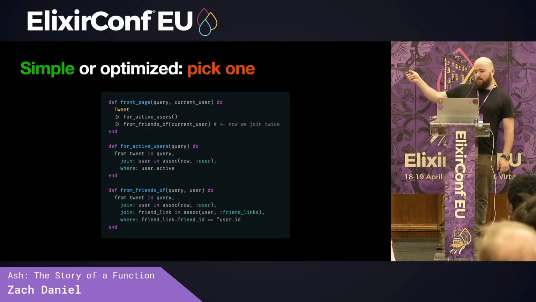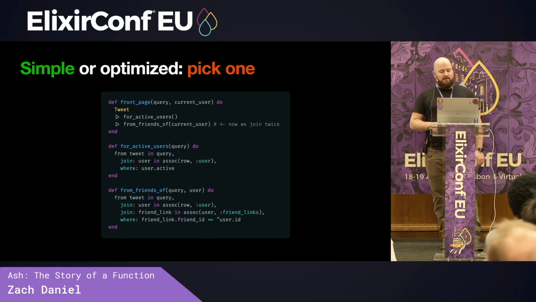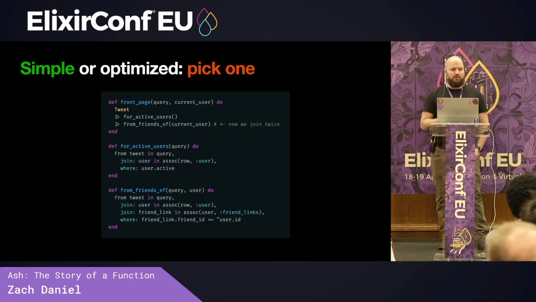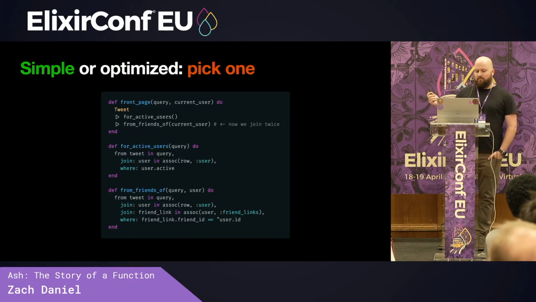Simple or optimized, pick one. This is just a truism in engineering, right? Here's an example where we have our tweet query, and we want to add two conditions. One where the tweets are only for active users, and one where they're from the friends of the current user, right? So this might be like my homepage for me, from my friends.